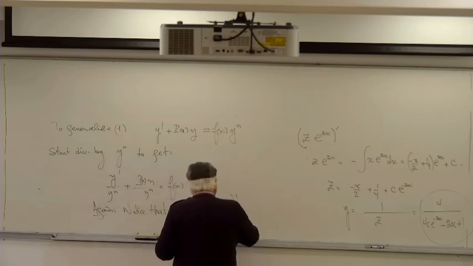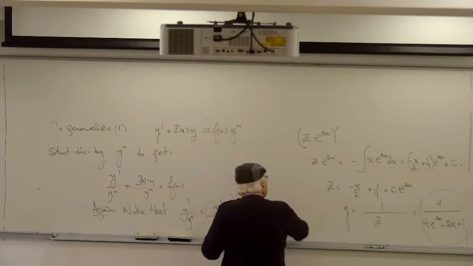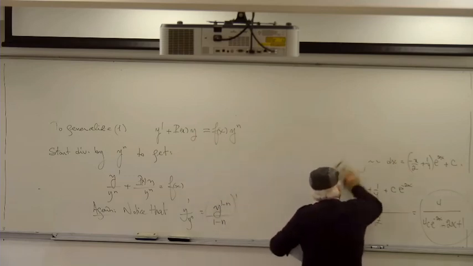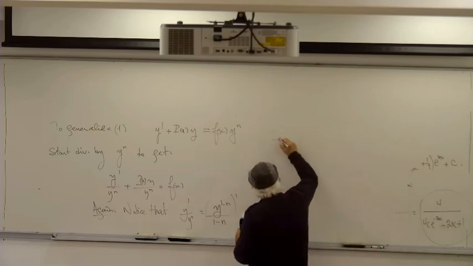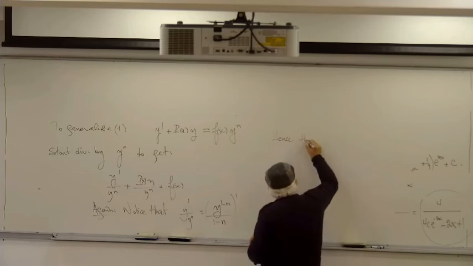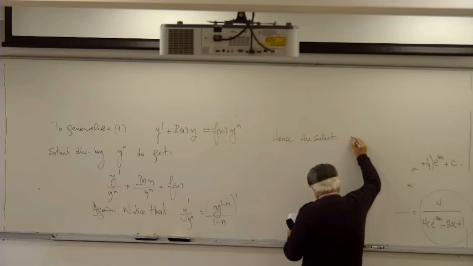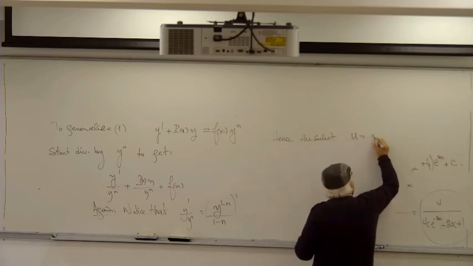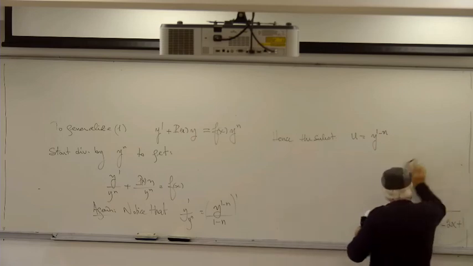Now, this means that hence, the substitution u equal y to the power 1 minus n is very sensible.